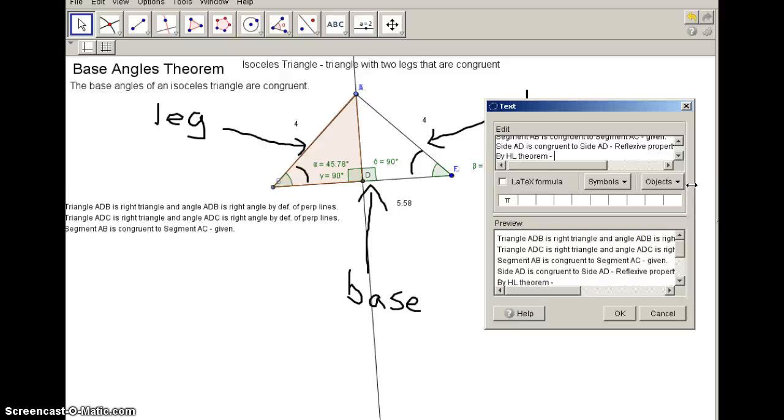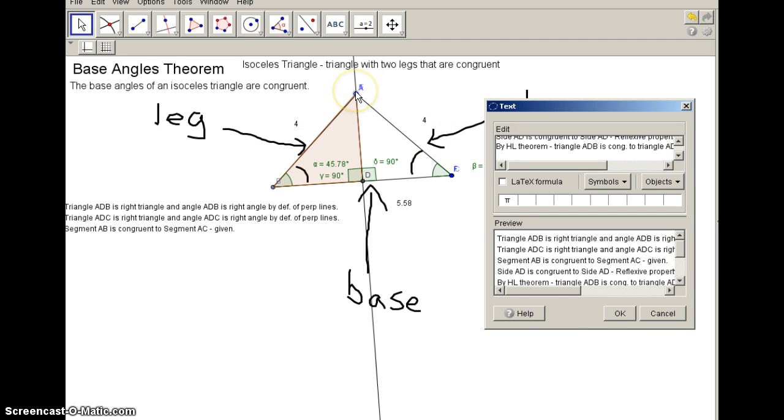So we know triangle ADB is congruent to triangle ADC.